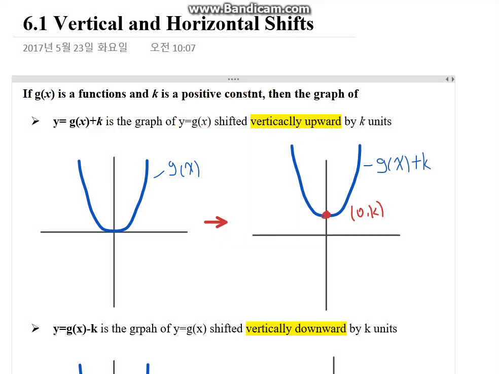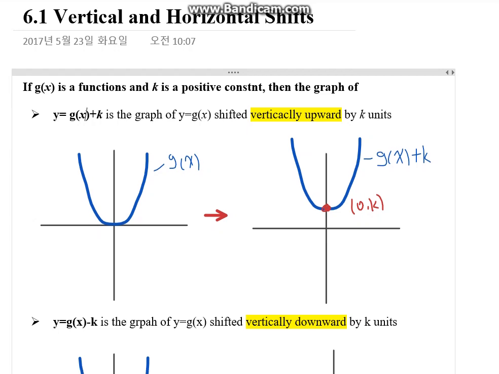And this spot here is going to be (0, k), because it was shifted vertically upwards k units, and there is nothing beside it, so x is 0 and y is going to be k.